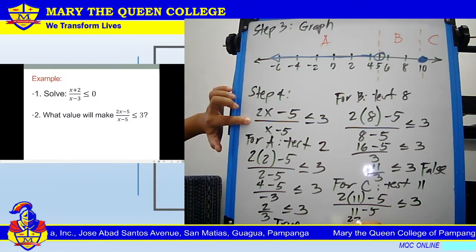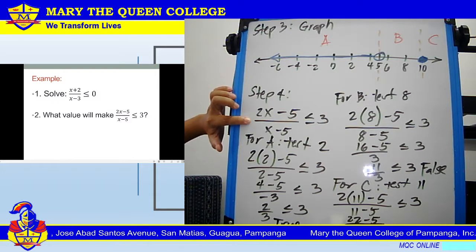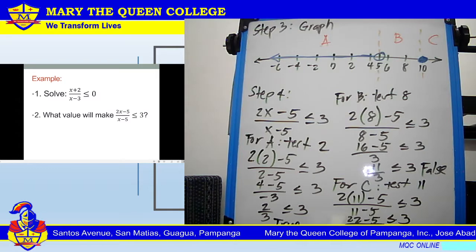Then we have 22 minus 5 over 6 is less than or equal to 3. And then continuing, we have 22 minus 5, we have 17 over 6 is less than or equal to 3.